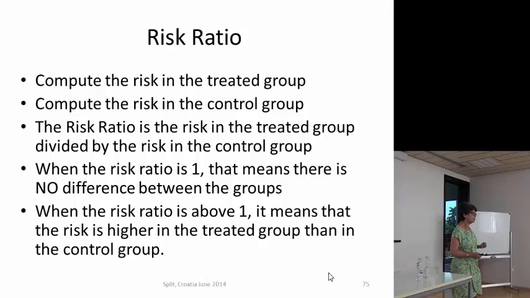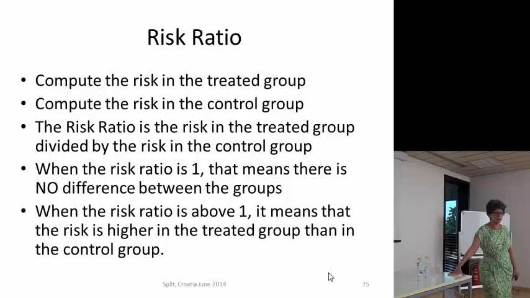The risk ratio, you compute the risk in the treated group, you compute the risk in the control group, and the risk ratio basically divides one risk by the other risk. Okay, I find that dividing risks always confuses people. There's a theory in industrial and organizational psychology called equity theory, where you're also comparing two ratios, and people just get confused all the time.